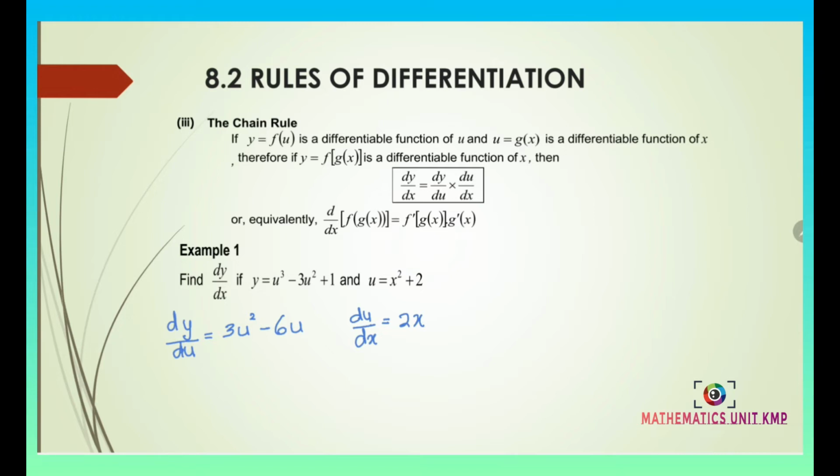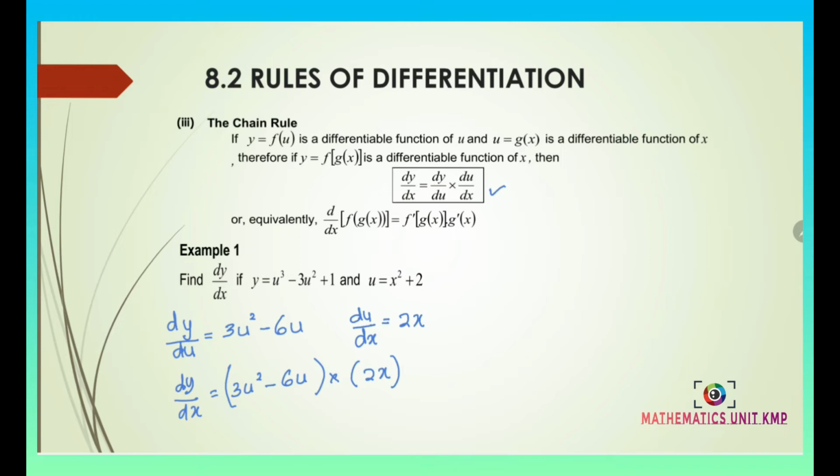And now we are going to find dy/dx. As we know the chain rule, dy/dx is equal to dy/du times du/dx. So here, dy/dx is equal to 3u squared minus 6u times 2x.